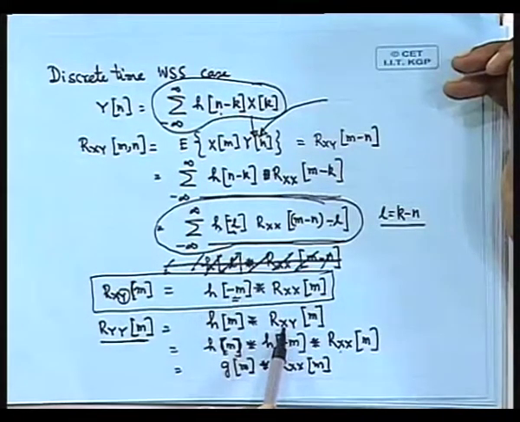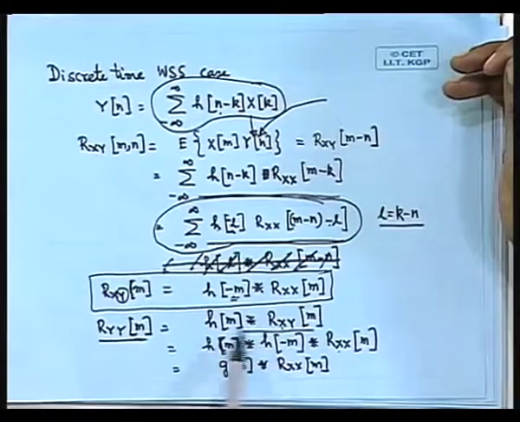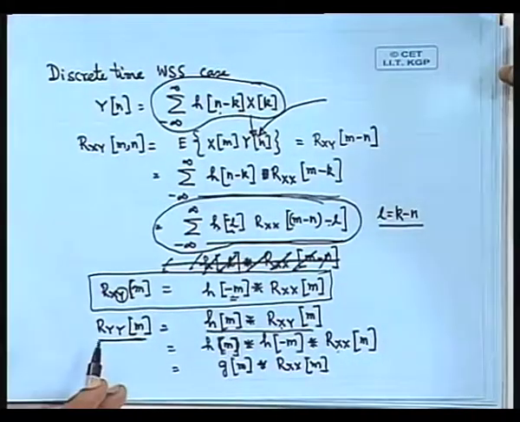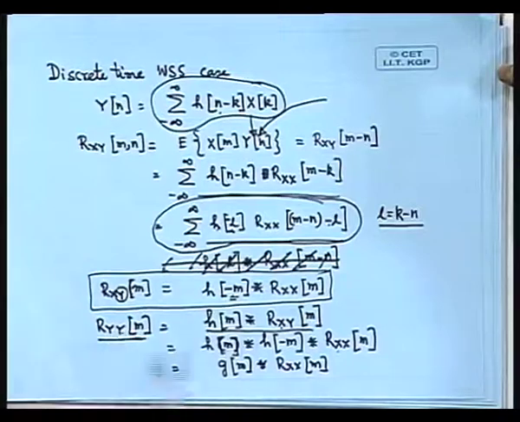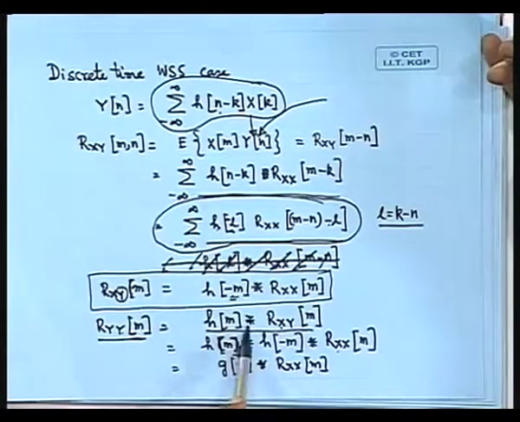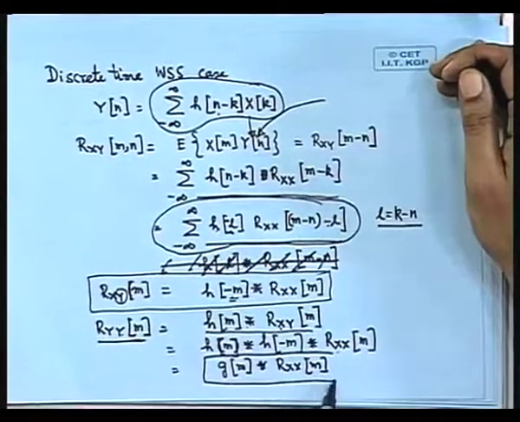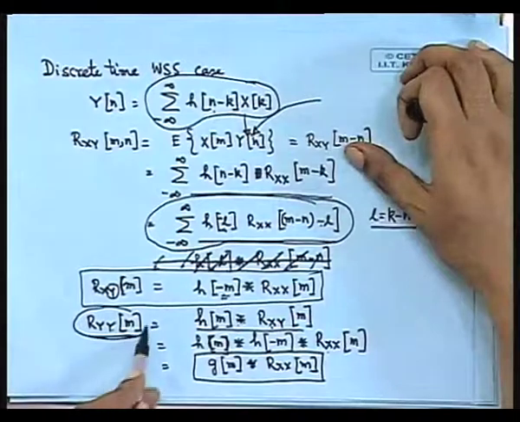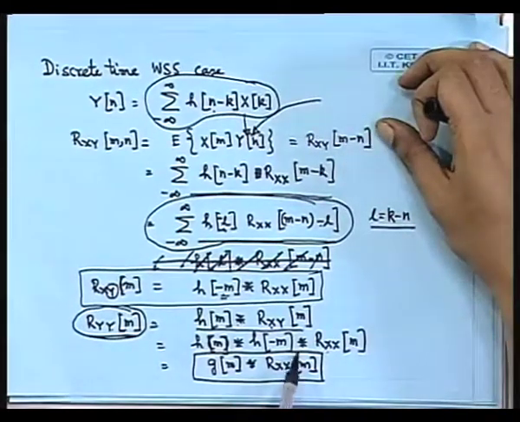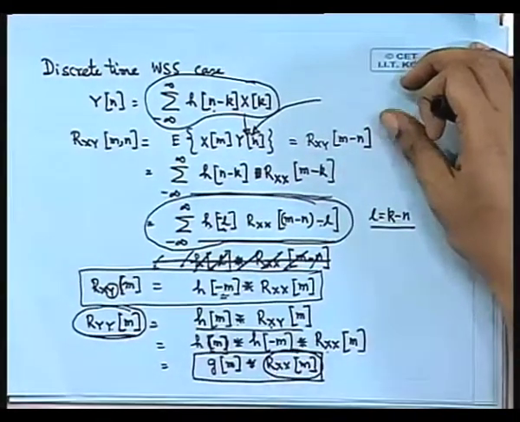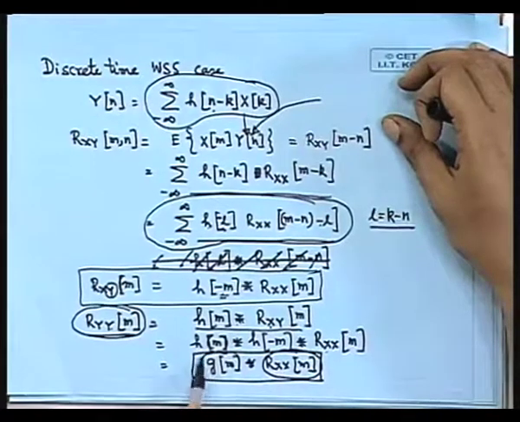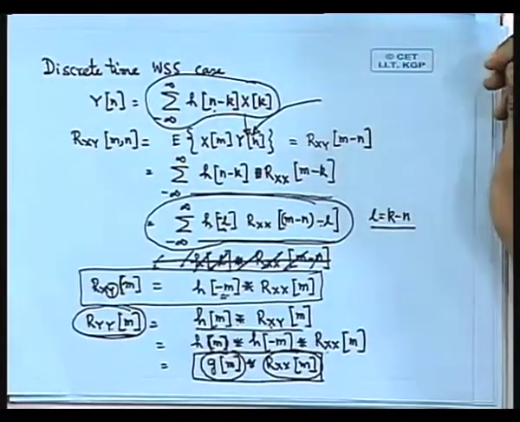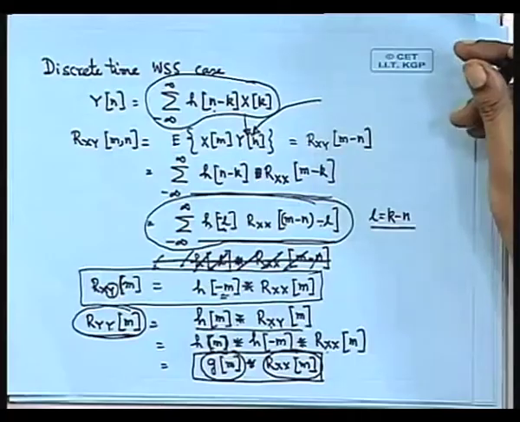If you transform the first argument, you get this, which is an exactly similar result. So if you have Ryy, you can take Rxy and then you will get h of m star. So finally Ryy can be expressed as this. You see that the autocorrelation function of the output is obtained given the autocorrelation function of the input and the system properties. This is the importance of the result.